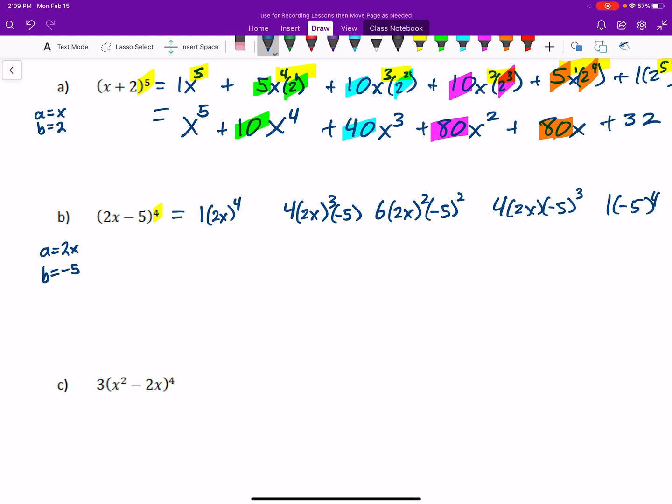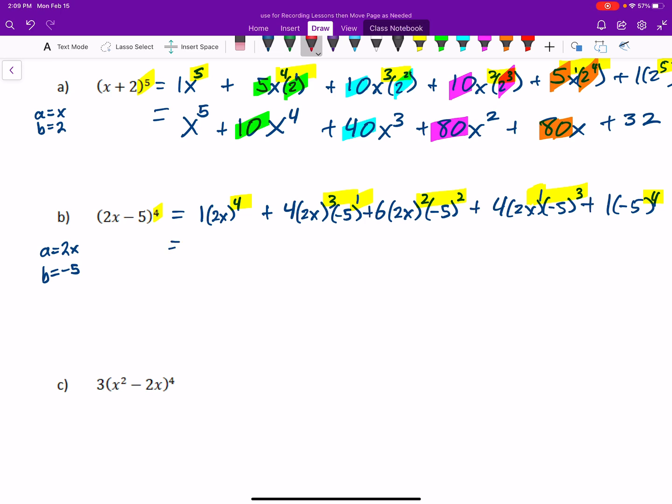Again, check the exponents. When I add them together, they always add up to 4. Again, assuming that there's a 1 assumed to be on the negative 5 here and on the positive 2x here as my bases. Right, like this. So they always add up to the 4. Put plus signs in between and simplify.